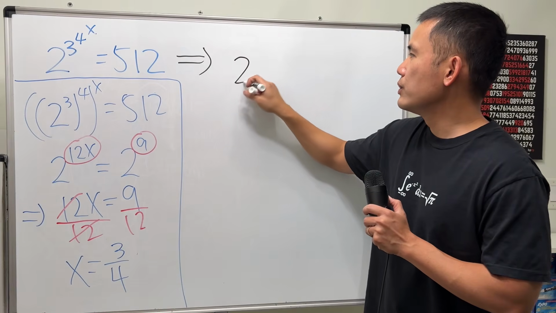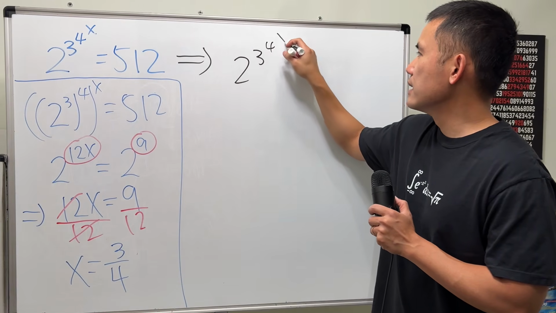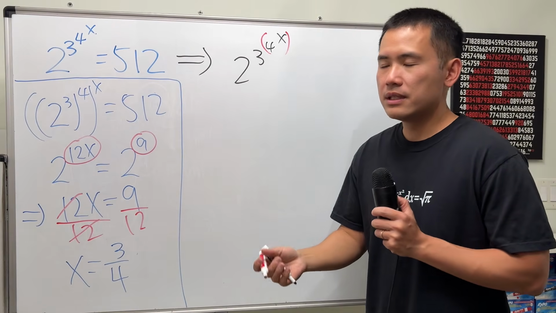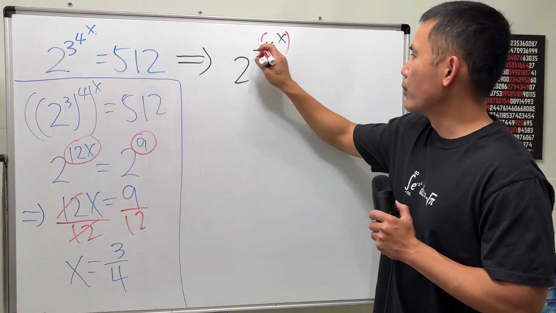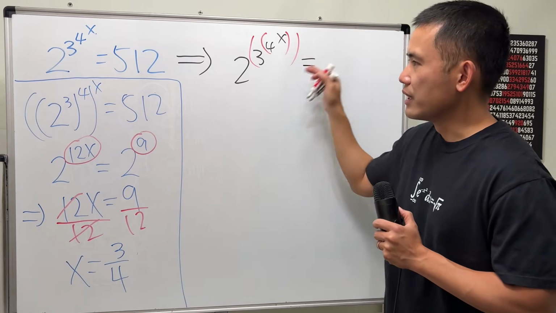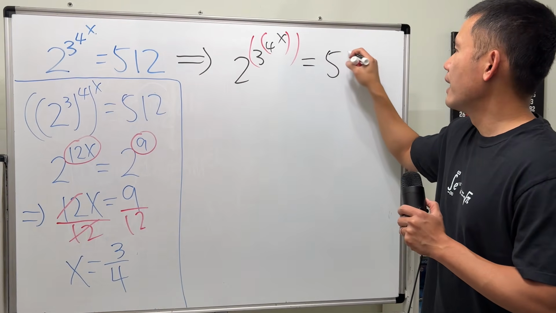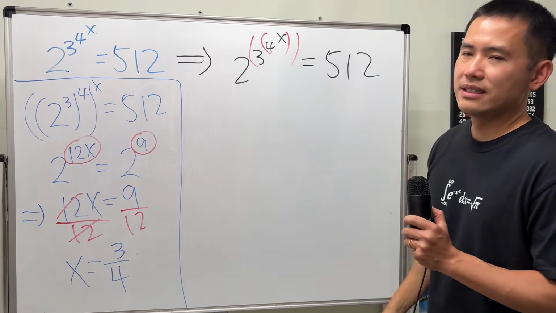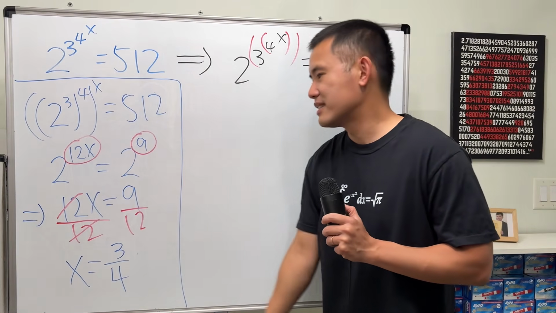So we're looking at 2 to the third to the 4 to the x as this: 4 to the x power worked out first, and then do 3 to that power, and then 2 to that power, and altogether you end up with 512. This thing actually means that, not this, not this.